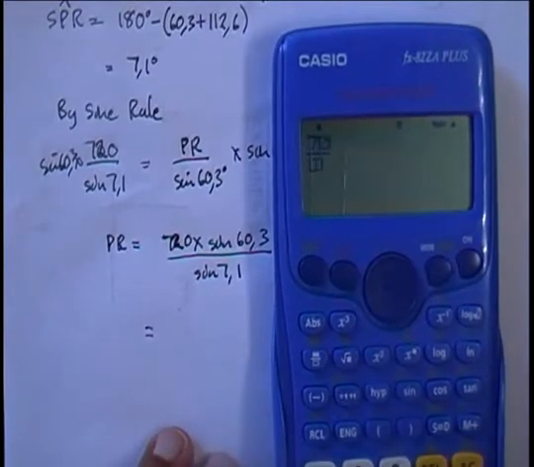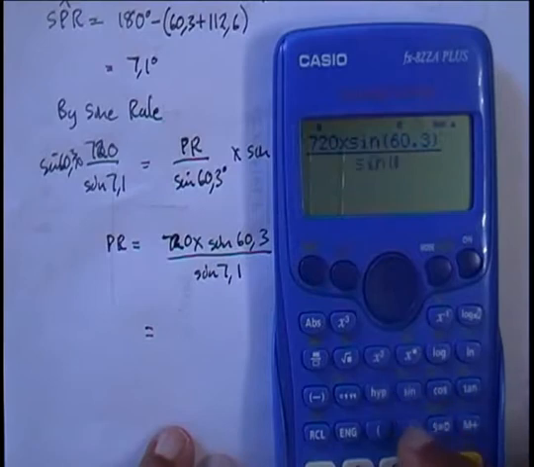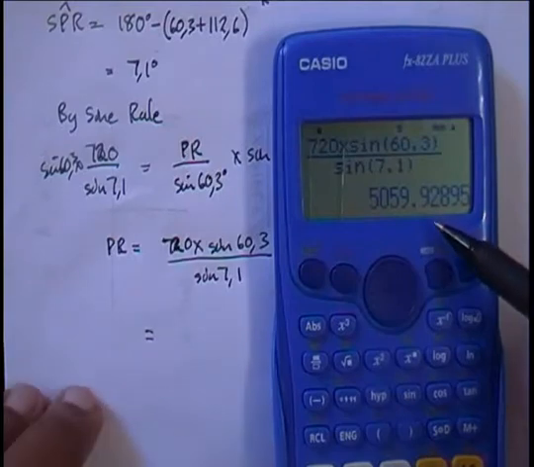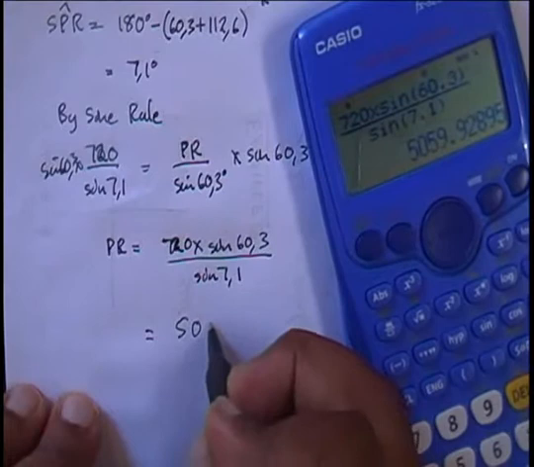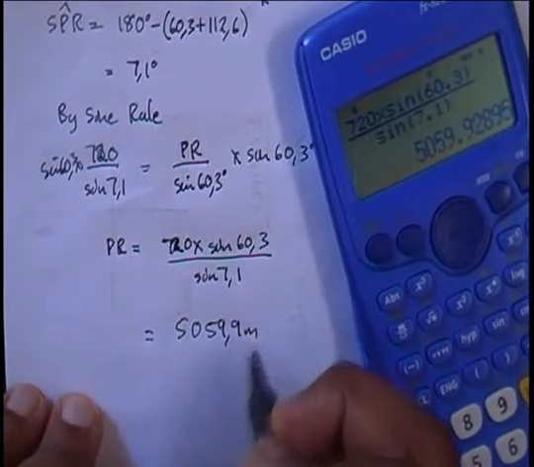And now we're just going to take out our calculator and calculate that. So 720 times sine of 60.3 over sine of 7.1. Okay, but remember our instruction is to leave this in one decimal place. So that means this is 5059.9 meters.